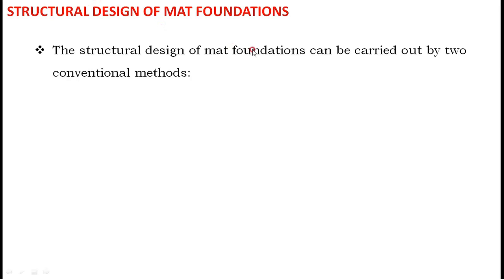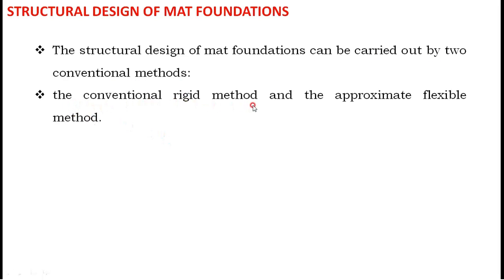Coming to the structural design of mat foundation. Structural design means RCC design, bending moment and shear force. These are the things we need to consider and design. The structural design of mat foundation can be carried out by two conventional methods: the conventional rigid beam method and the approximate flexible method.